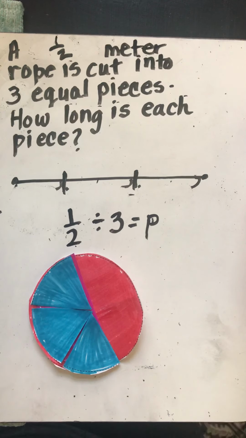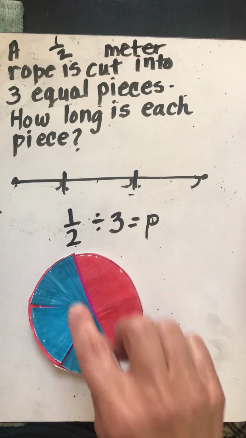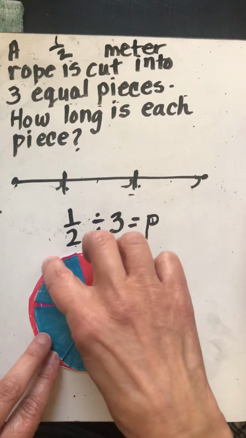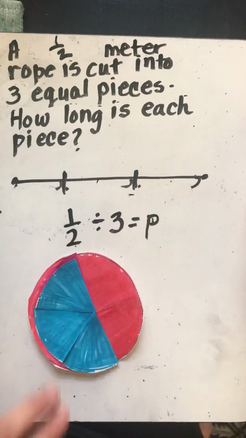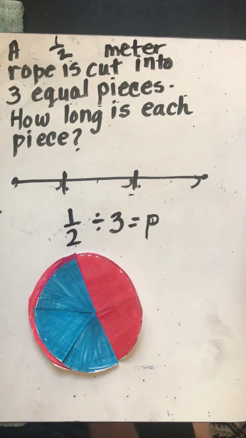So I just layered 3 of our little light blue ones over the pink one. Okay, I want you to just think about what I just did right now. I layered 3 light blue ones over the pink one.